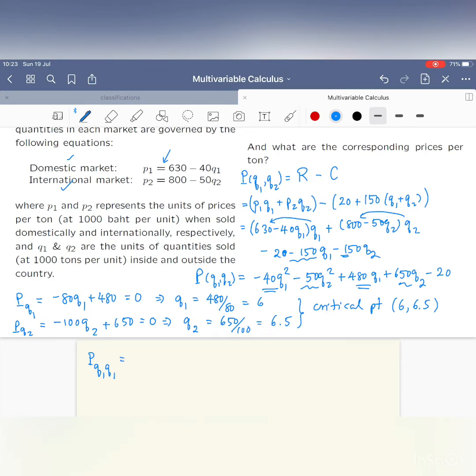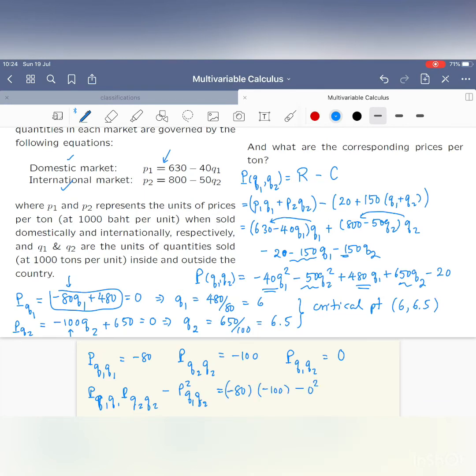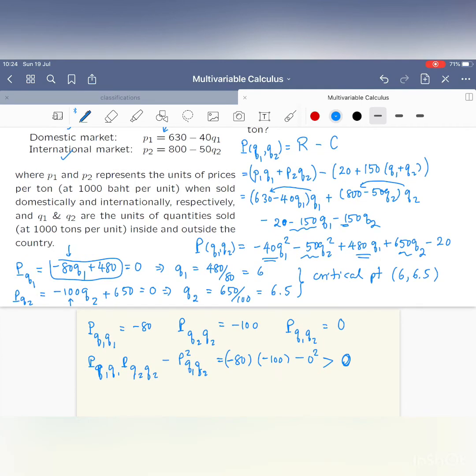Capital P second derivative with respect to Q1 is negative 80, the second derivative with respect to Q2 is negative 100, and the mixed derivative Q1, Q2 is 0, since there is no Q2 in it. You check the same direction product against the different direction squared: 80 times 100 minus 0 squared is positive, so the same direction wins.